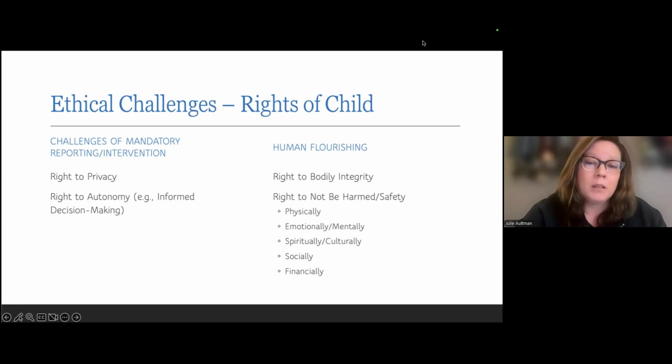The element from an ethical standpoint of more of a person-centered approach comes from a justice theorist, Martha Nussbaum, and her focus was on human flourishing. It's not just about rights, it's not just about duties. It's about making sure that the holistic person is taken care of.